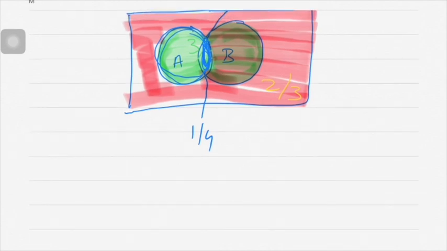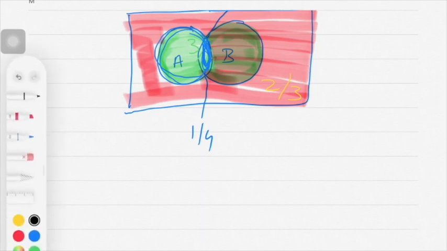They have asked P of A dash union B. You know what P of A dash is: the red area which I have highlighted, and B is the circle B, right? So where it is common, which is the point of intersection.